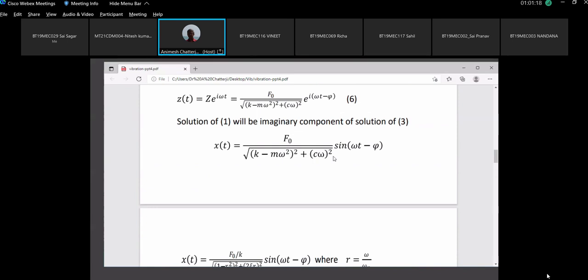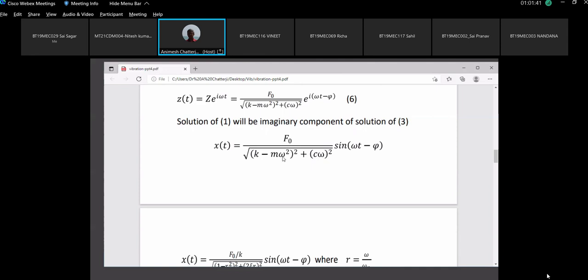Agree? But for this amplitude, can I control F0? No. Can I control mass M? No. But I can control K, I can control C, and possibly I can control the rotating speed omega.